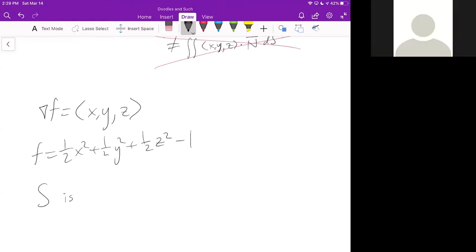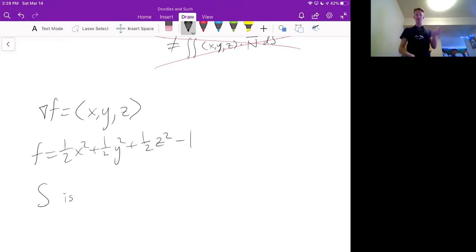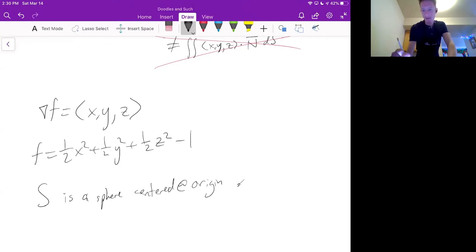Yeah, it's a sphere, because if I write down the equation 1/2 x squared plus 1/2 y squared plus 1/2 z squared minus 1 equals 0, I can move the 1 to the other side, multiply by 2, and I get x squared plus y squared plus z squared equals 2. That should be a sphere centered at the origin, radius square root of 2.